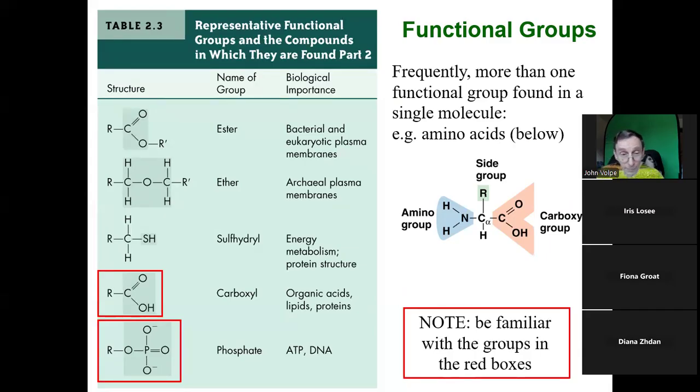These are the functional groups which are important in the molecules of life, the four major biological molecules we're going to talk about. The other groups are not so important in the four major biological molecules of life. So you do need to know the ones in the red boxes, because we're going to be talking about them, especially in this chapter.